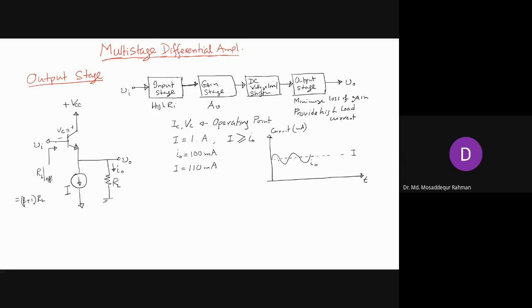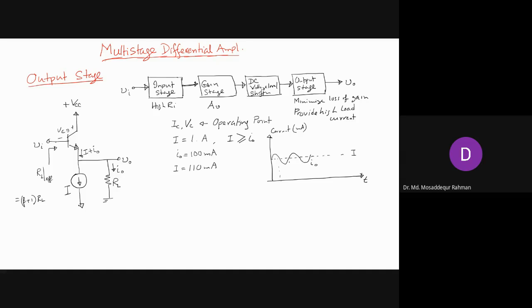The signal current is superimposed on the bias current that will flow from here. So here we'll have I plus I naught. Here you have both the DC bias current and the load current, and the load current is fluctuating with time. So that is the total current, right?